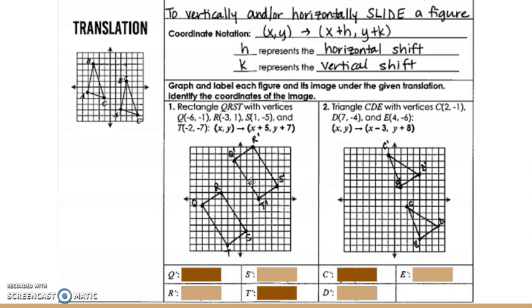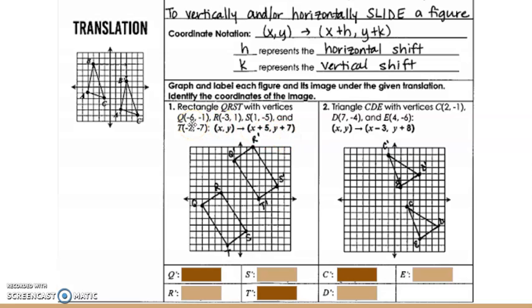If we look at example number 1, they gave us a rectangle and they gave us the 4 vertices of that rectangle, so our ordered pairs. Then they told us our notation, so they gave us the rule for our transformation. In this case, they said for every ordered pair that we have, we are going to change it by adding 5 to x and adding 7 to y.